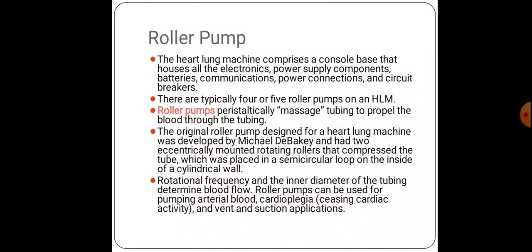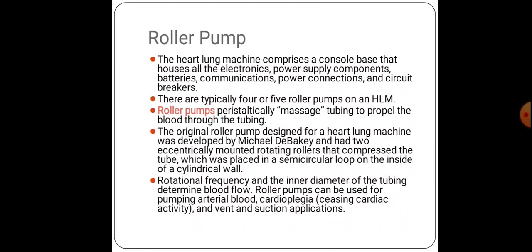The original roller pump designed for a heart-lung machine was first developed by Michael E. DeBakey. It consists of 2 eccentrically mounted rotating rollers that compress the tube, which is placed in a semicircular loop on the inside of a cylindrical wall.